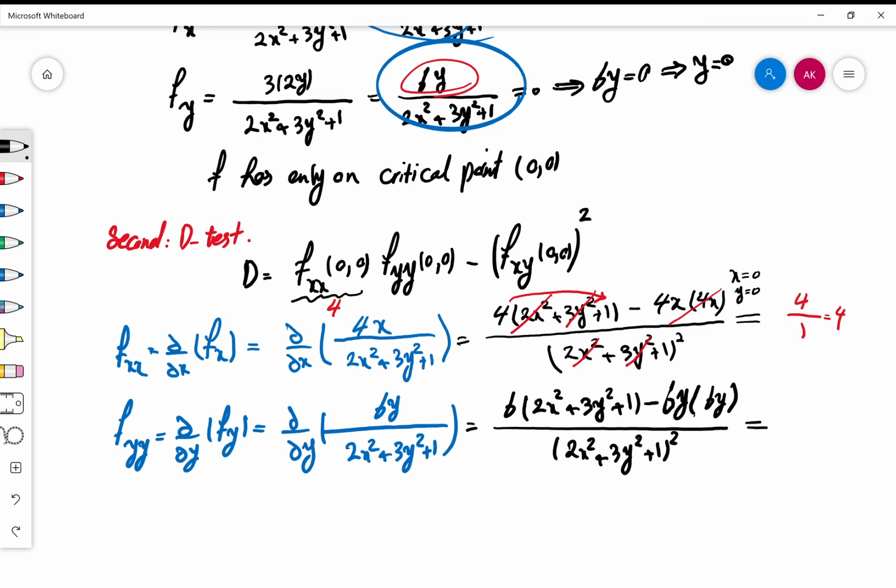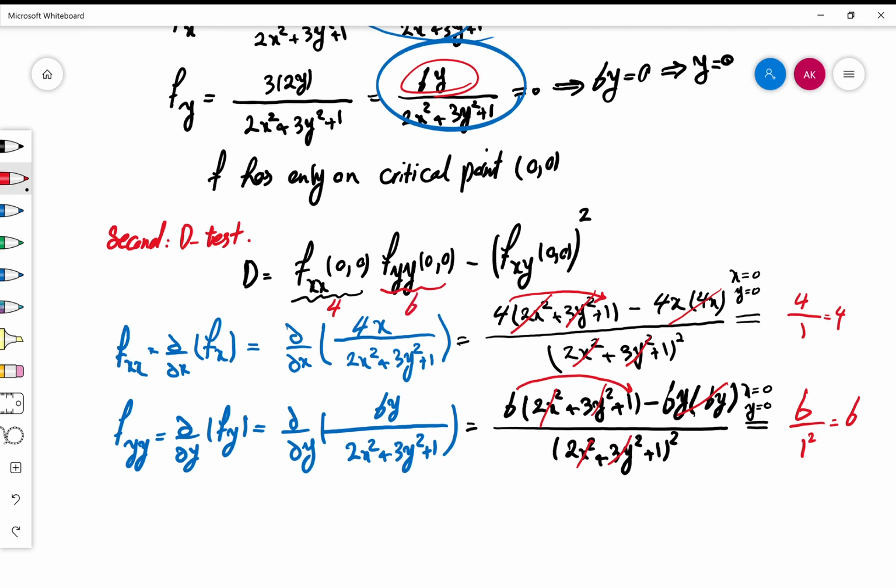We can simplify, but we are interested in the value at x = 0, y = 0. The second term goes away, and this is 6 times 1 over 1 squared, which is just 6. So we found this piece also.